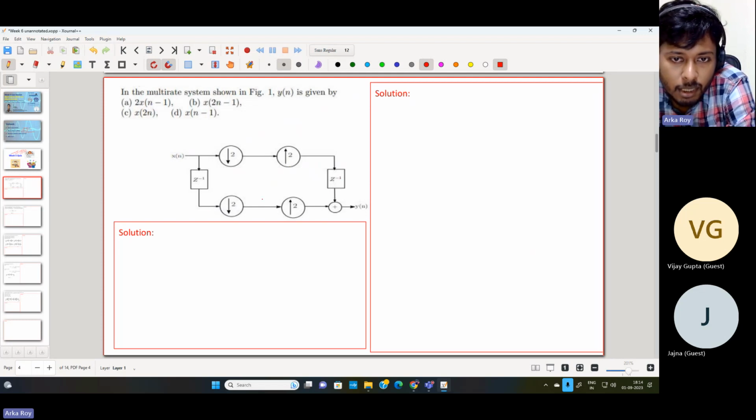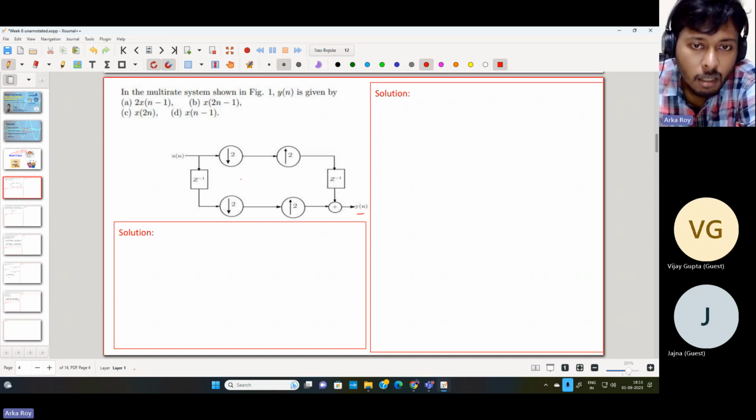In the other, the delay is applied first, followed by the downsampler and then an upsampler. We need to find the output y[n], which is the summation of these two paths' outputs, that is, how y[n] is related to x[n].